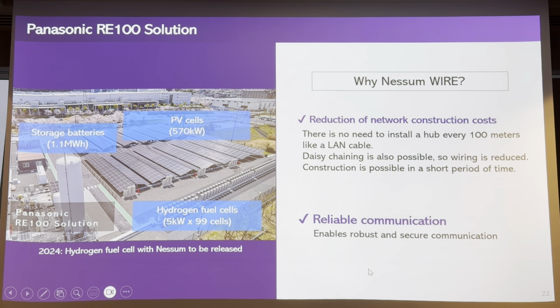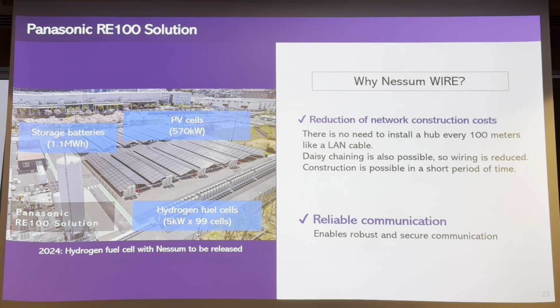This is a renewable energy solution by Panasonic. This system balances PV, hydrogen fuel cells, and storage batteries to ensure that the energy used in the factory is 100% renewable.